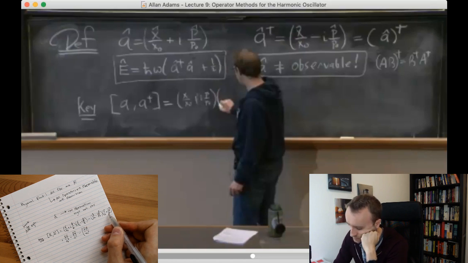This should cancel, and then we get plus, why do these not cancel out? This should be 0. Where are we getting this? I must be screwing something up.